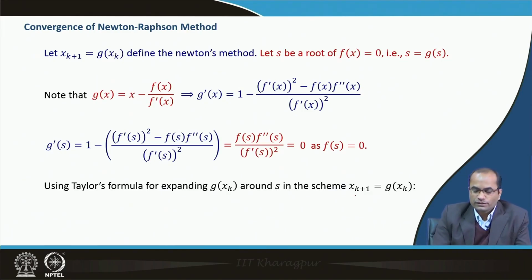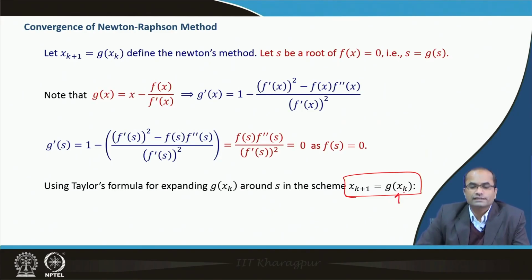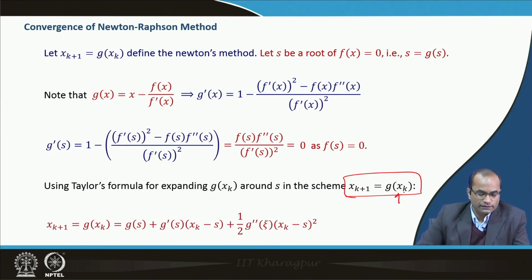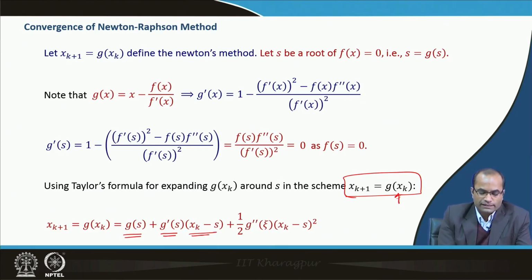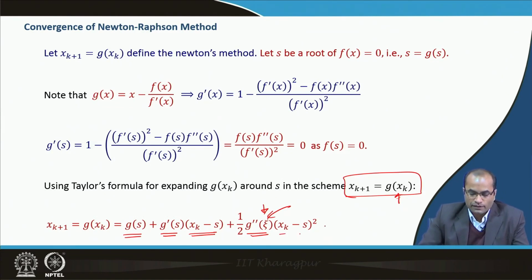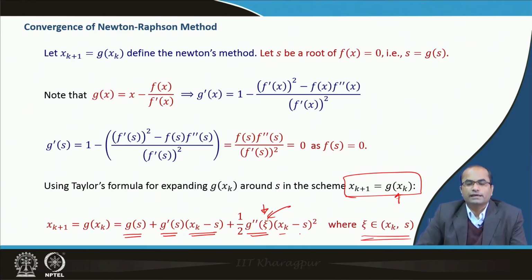And now, we can use the Taylor's formula here for expanding this g x k around this point, exactly the point s there. So, using this Taylor series expansion here, we have g s, we have g prime s, then this x k minus s, g double prime. This is the Taylor's formula. So, we have just stopped here by putting this xi, which lies between this x k and s, and then the square term. So, the xi is in the interval of this x k and s.